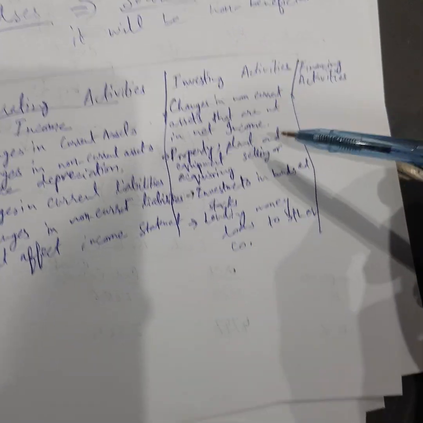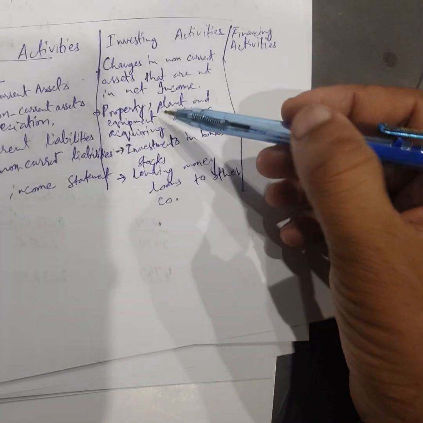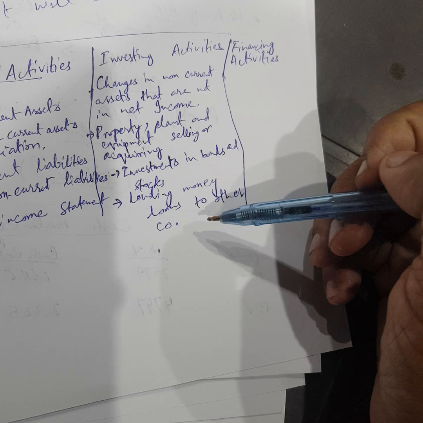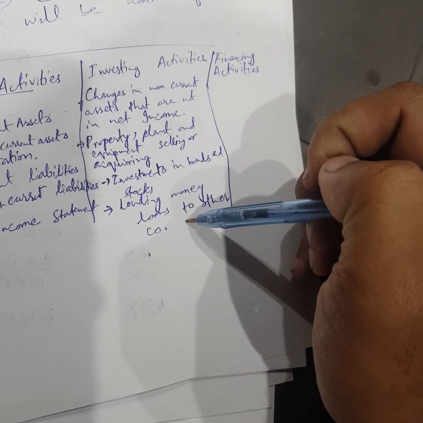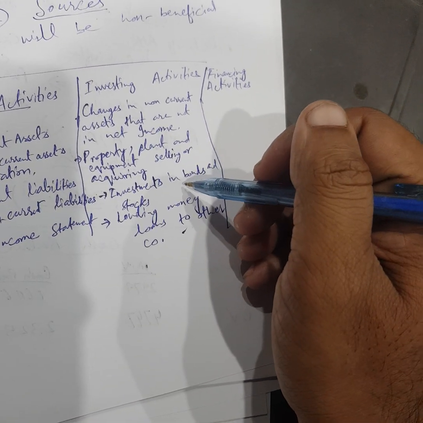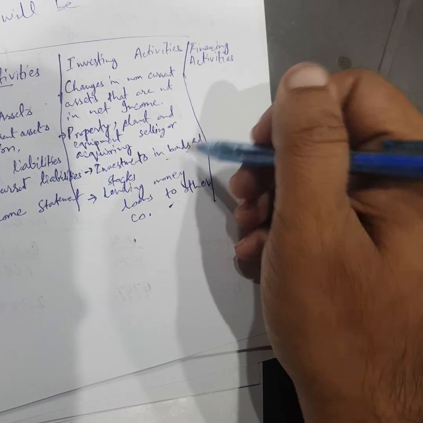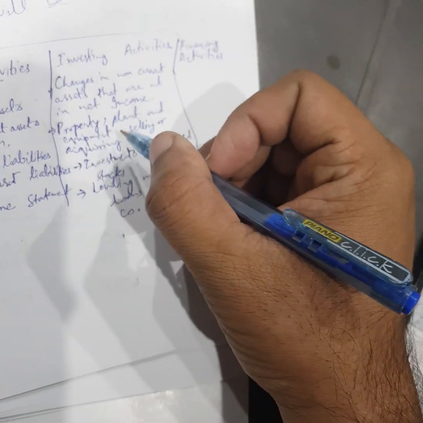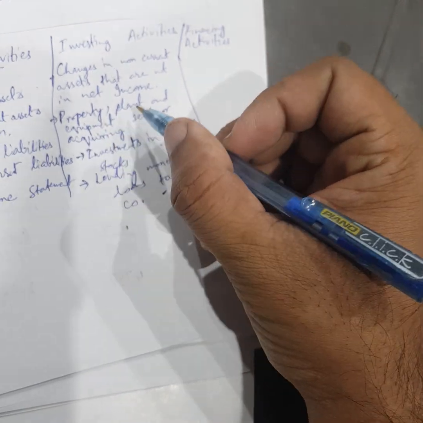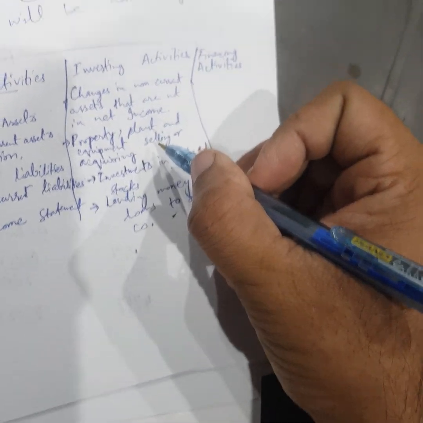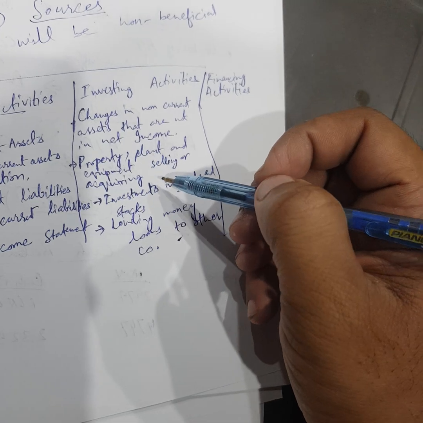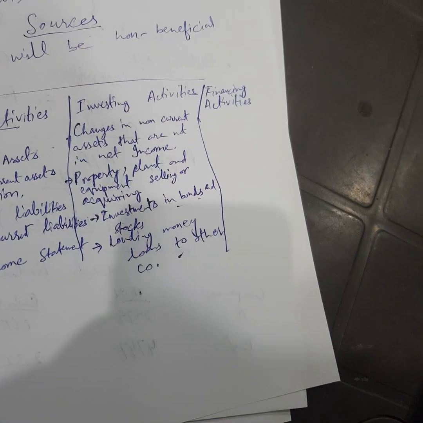What will be the benefits? We will be able to get profit by offering loans. We will get interest by purchasing bonds, and we will be able to use the property or equipment for company operations.